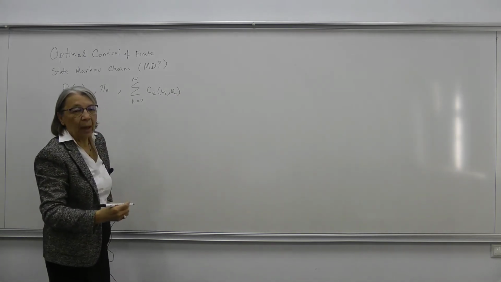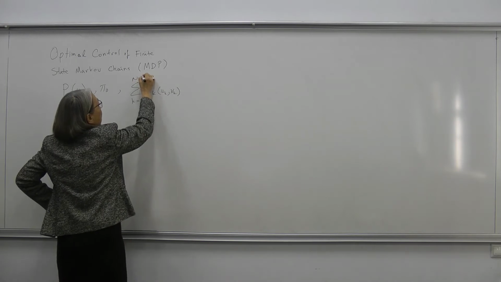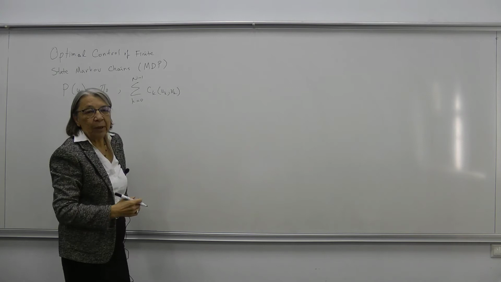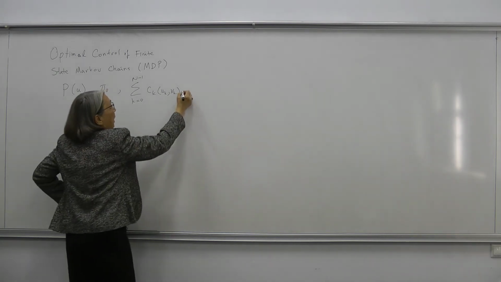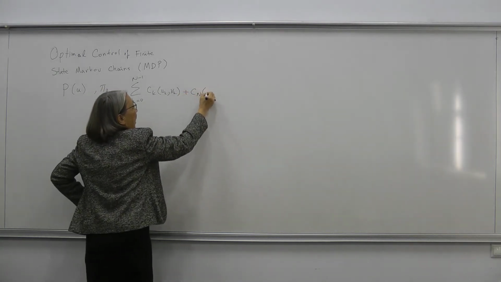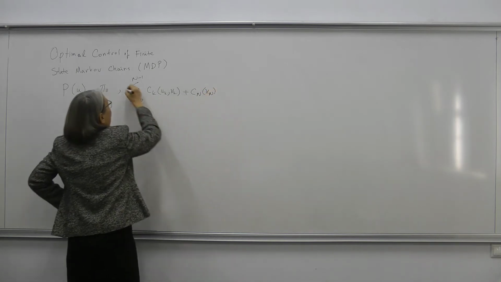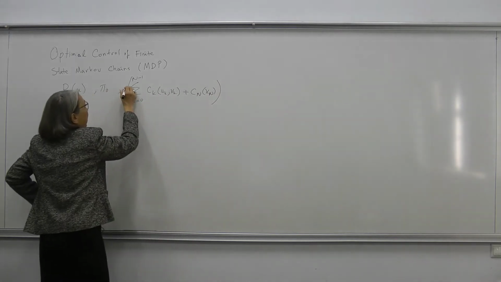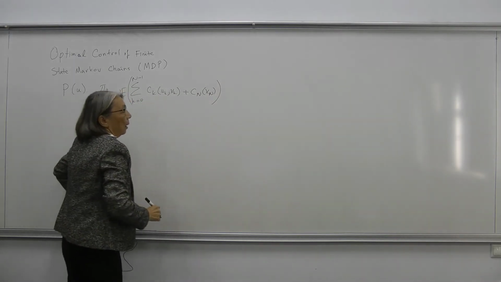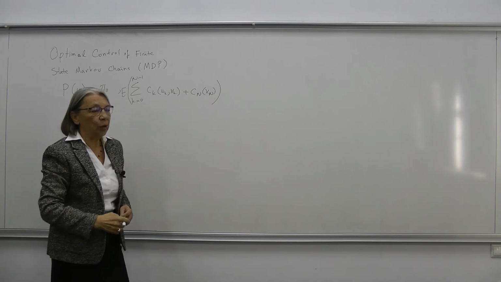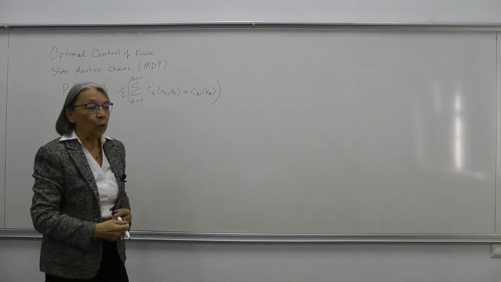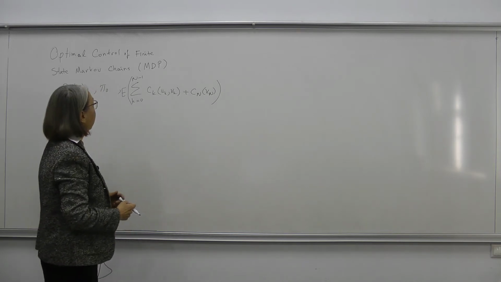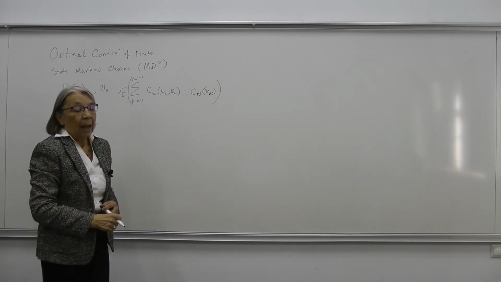But before that, I would like to change it a little bit and write this summation starting from 0 up to, say, n-1, and then add the last one, c sub n of xn, as a function of only xn. And of course, we have to take the expected value. That was our objective function, and we would like to minimize it for this part of the course.